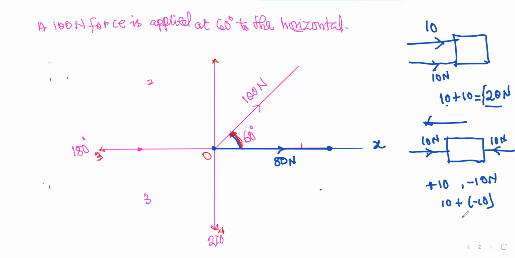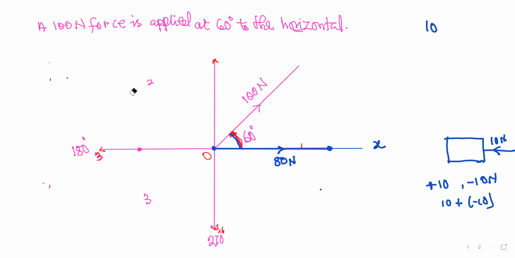Don't worry, vectors will help us understand. So we have this scenario. How do we determine the resultant force? We can do that by realigning the directions of the forces. The 100 Newton force is heading along this direction.